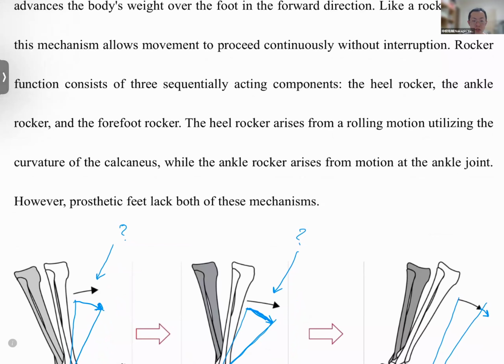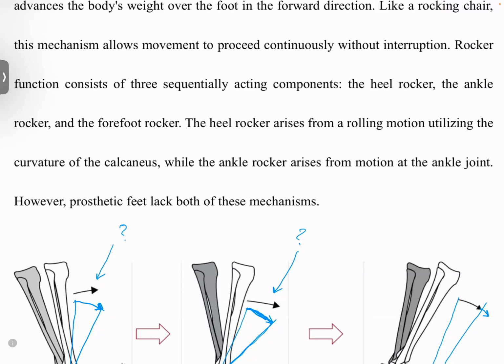Rocker function consists of three sequentially acting components: the heel rocker, the ankle rocker, and the forefoot rocker.